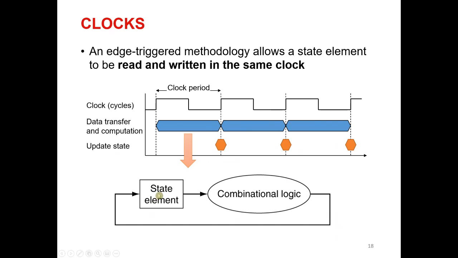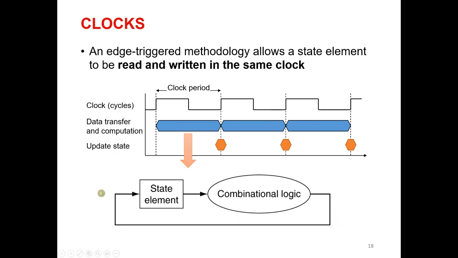So this read for the input and write again for the output can be done in the same clock. This state element can be used as input of the combinational logic of the next cycle, and as output for storing the output of the combinational logic of the previous cycle.